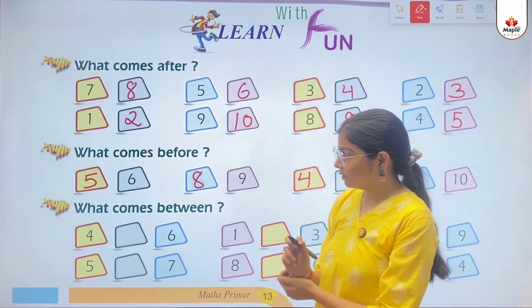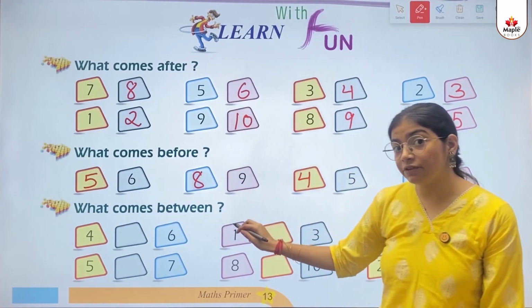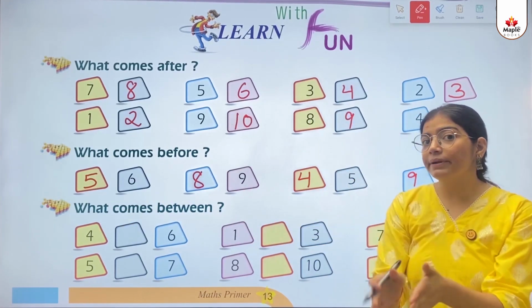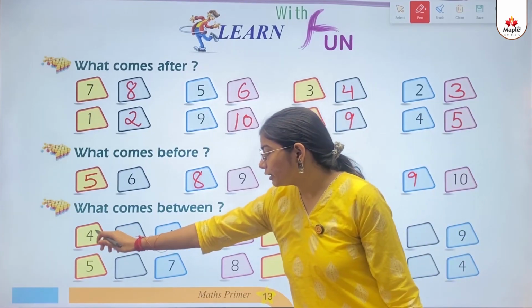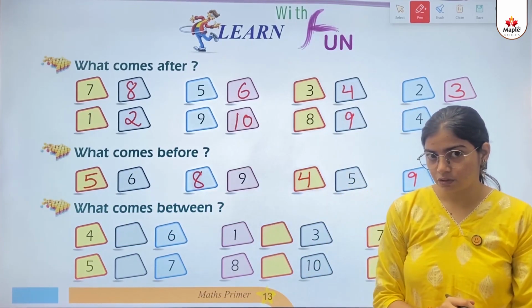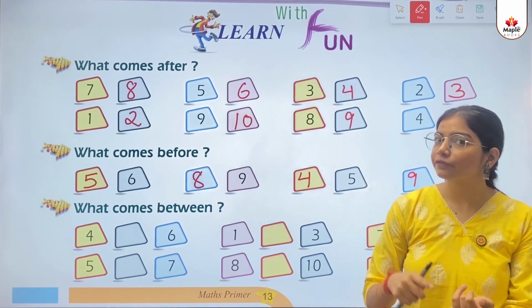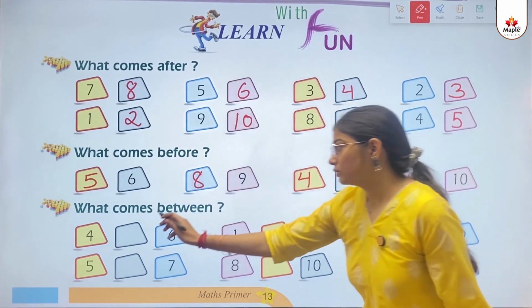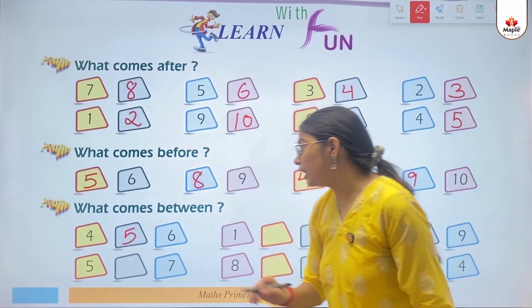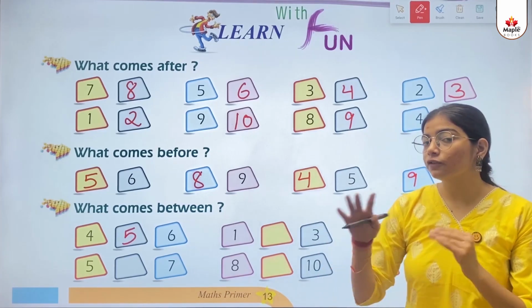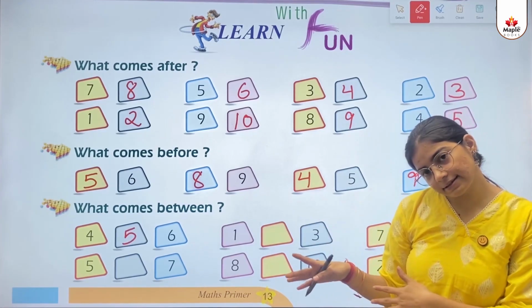Now the next one. What comes between? Between means in the middle of 4 and 6. So we will count here. 4, 5, 6. So 5 comes in between 4 and 6.